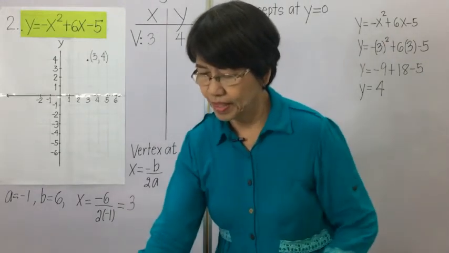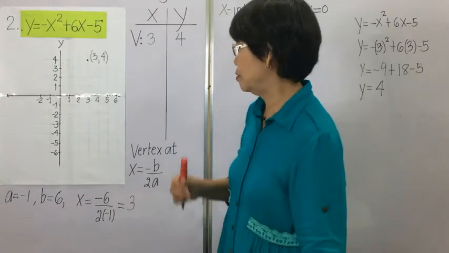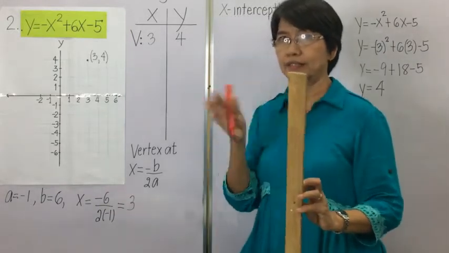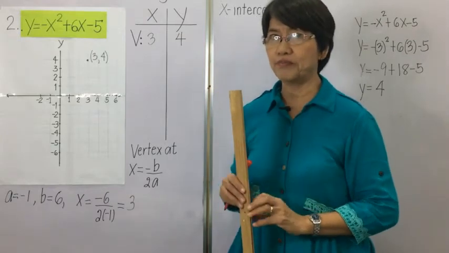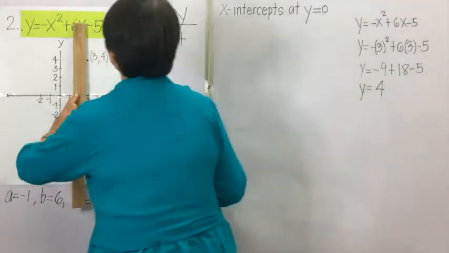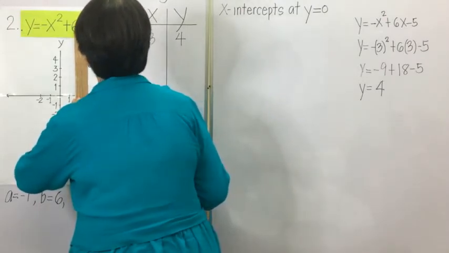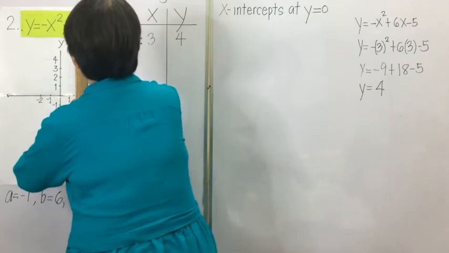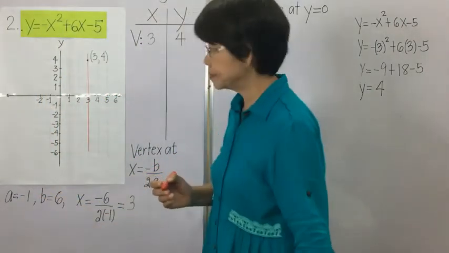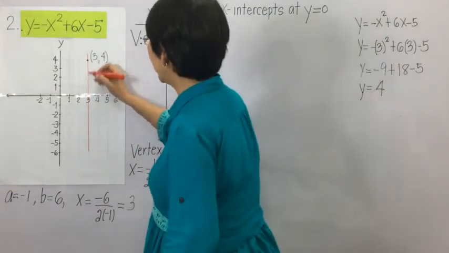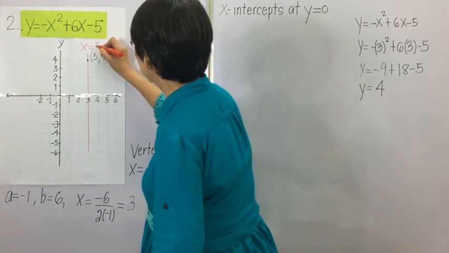So I'll just draw the line of symmetry to enable us to look at the symmetry and make our graph symmetrical. So this line is x is equal to 3.